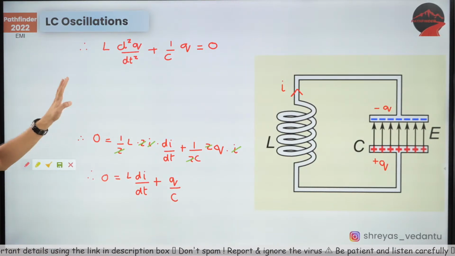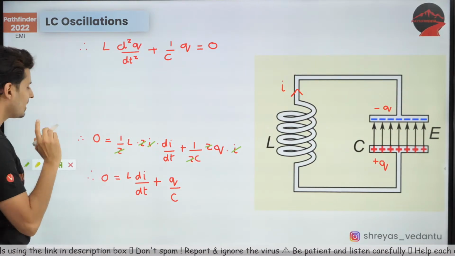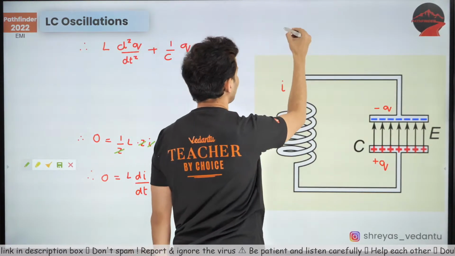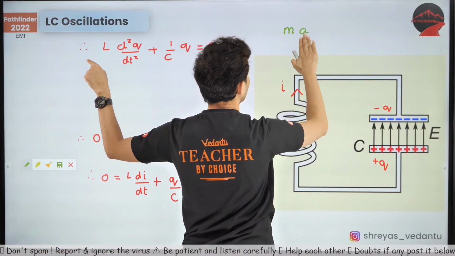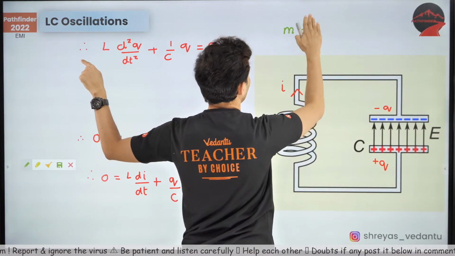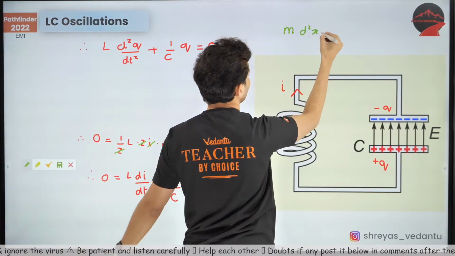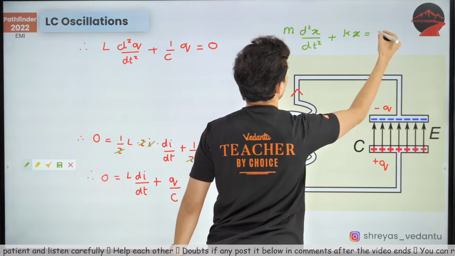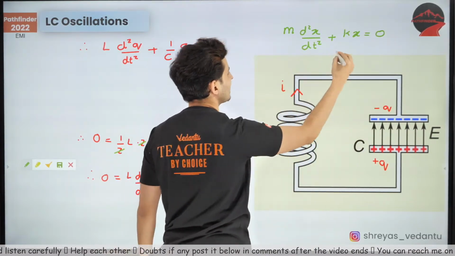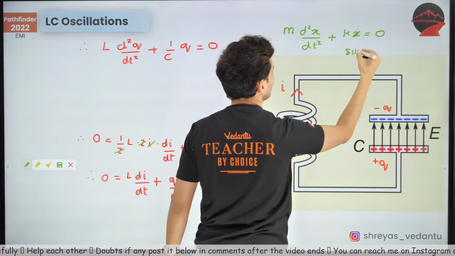That's what I got. Now this reminds me of the SHM equation, which looks something like this. ma, which is m times the second derivative, so m d square x by dt square plus kx is equal to 0. This was the equation for SHM, the spring mass system.